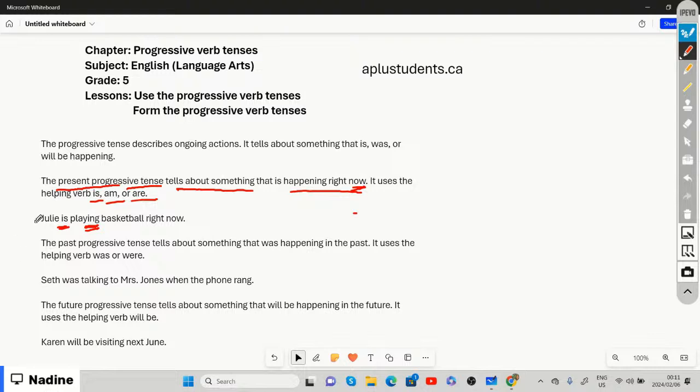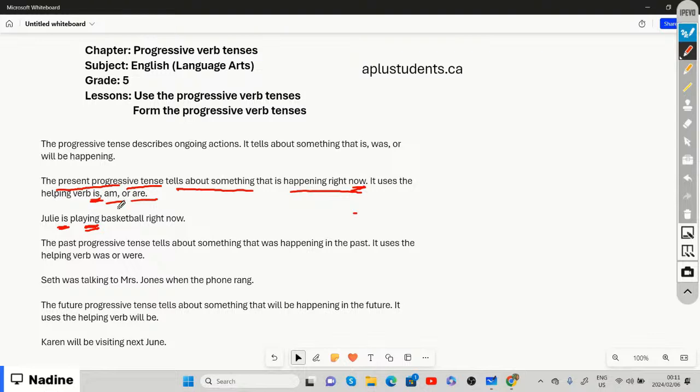For example, Julie is playing basketball right now. That is in the present. It is something that is happening now. So that is where we use the word is.